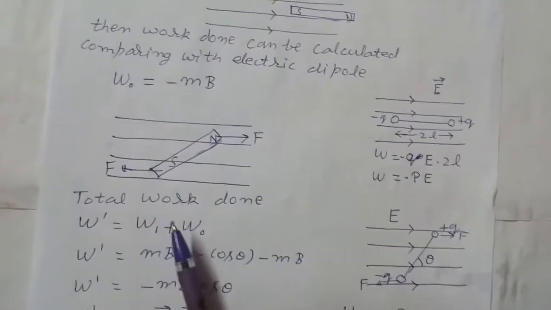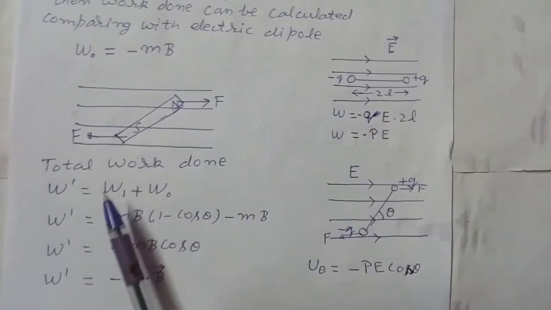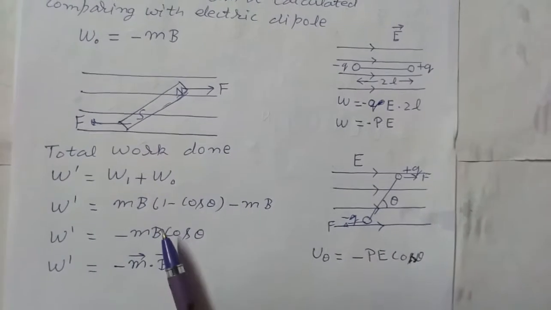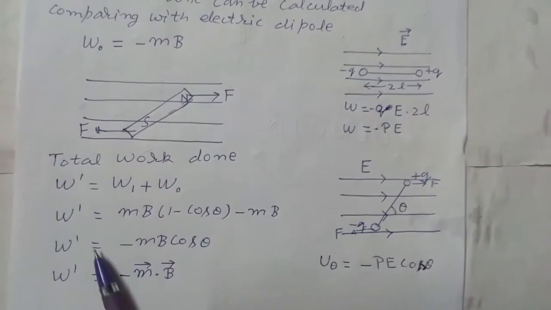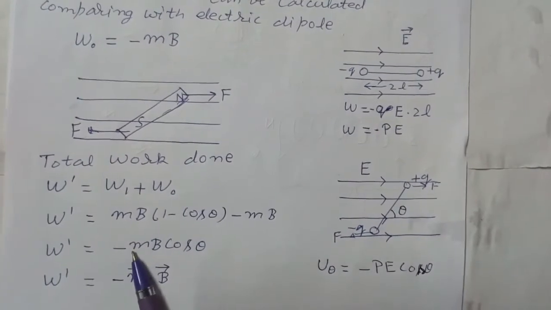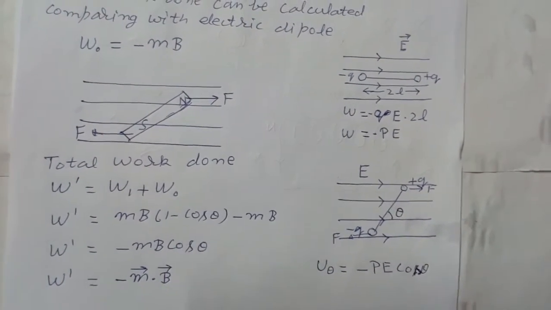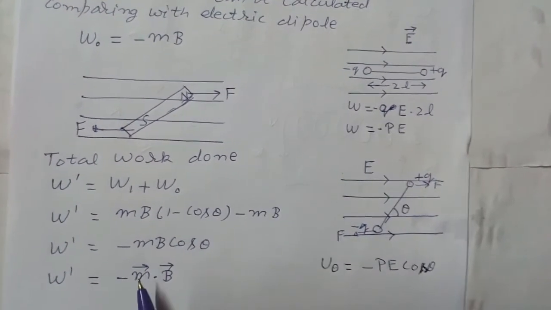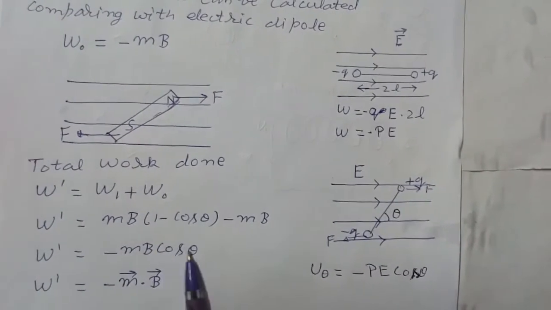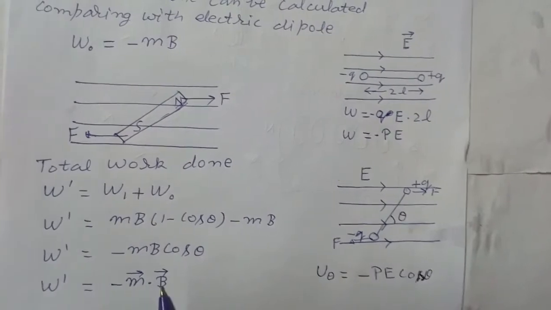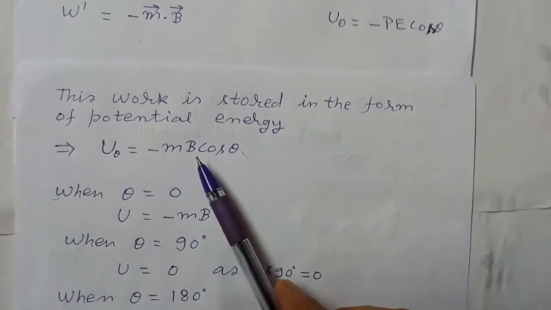So total work done is the sum of these two works, and this work done is potential energy, magnetostatic potential energy. So magnetostatic potential energy is equal to minus MB cos theta. For this we may write vector M dot vector B, because for cos theta this is a scalar product. So U theta is equal to minus MB cos theta.